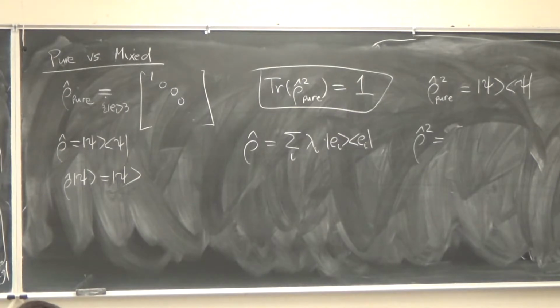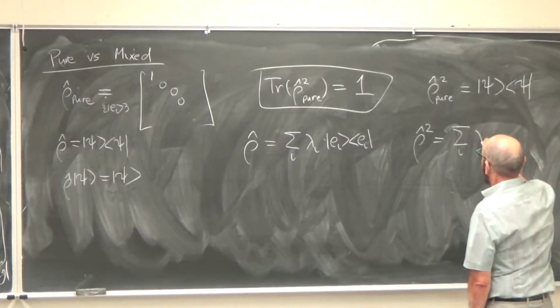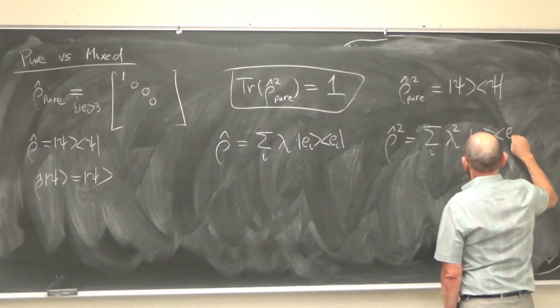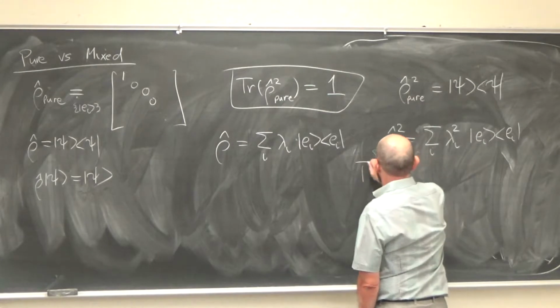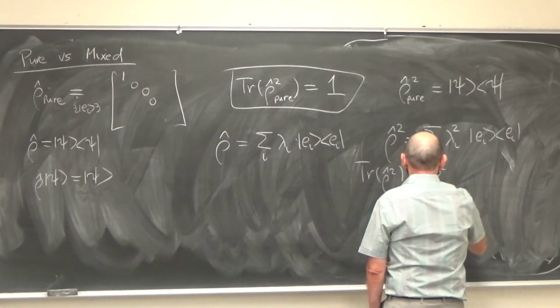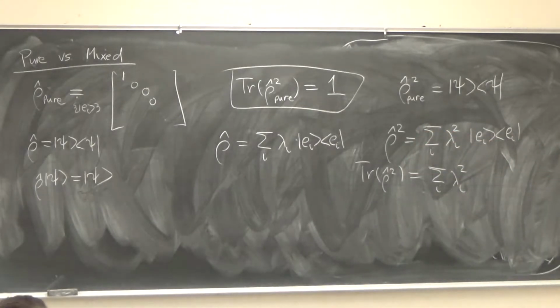In the diagonal representation, I can just square the eigenvalues. So the trace of rho squared is the sum of the squares of the eigenvalues. What can I say about that?